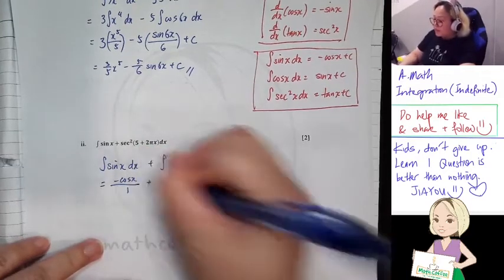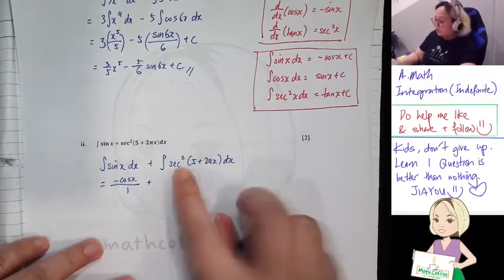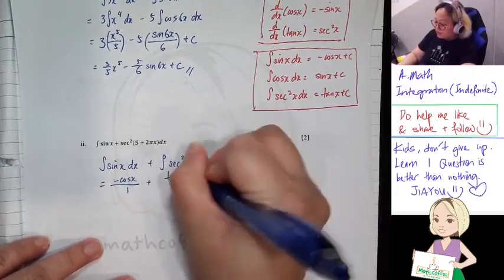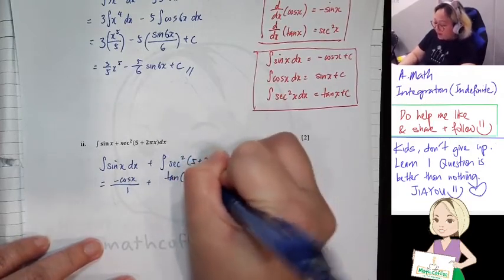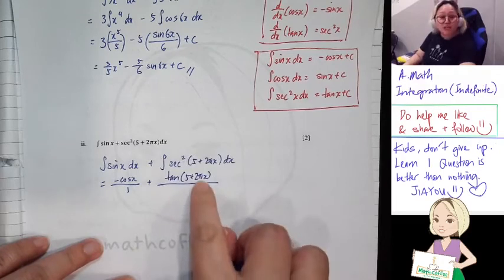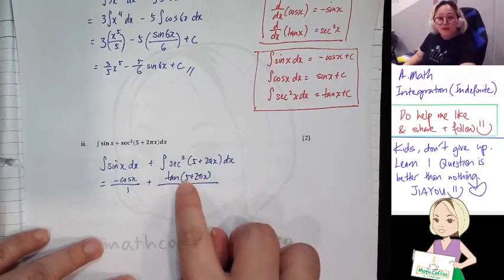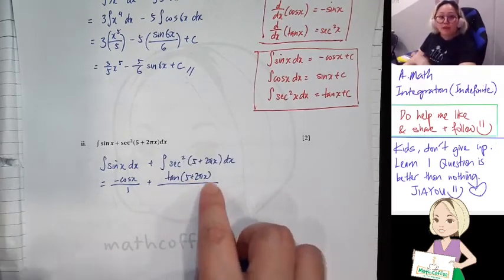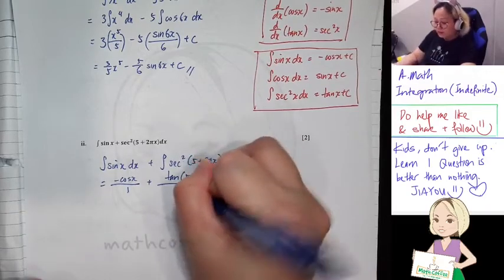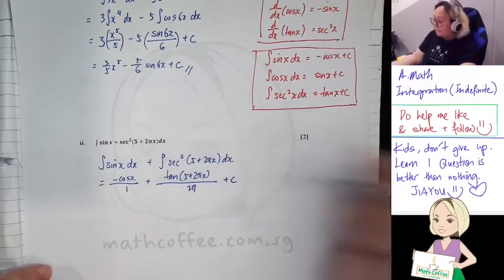Okay, next. Integrate secant squared is tangent. So it is tangent (5 plus 2 pi x) over, differentiate the inside. Differentiate 5 disappears, differentiate 2 pi x is 2 pi. So you put 2 pi at the denominator with a plus c.